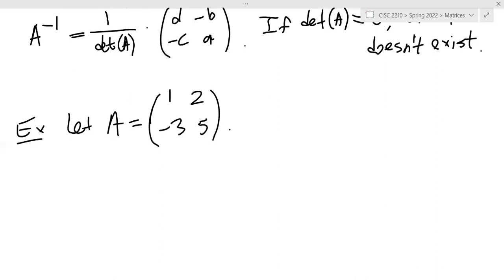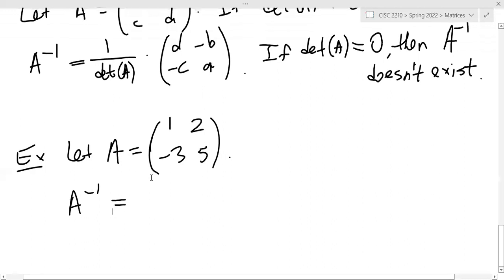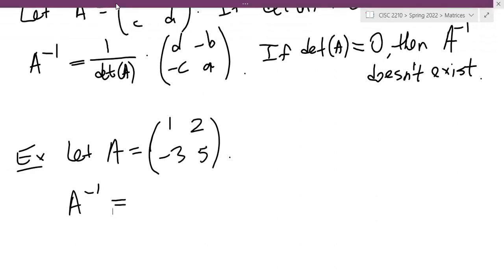So what is A inverse? The inverse of A is going to be 1 over the determinant of A times the matrix.